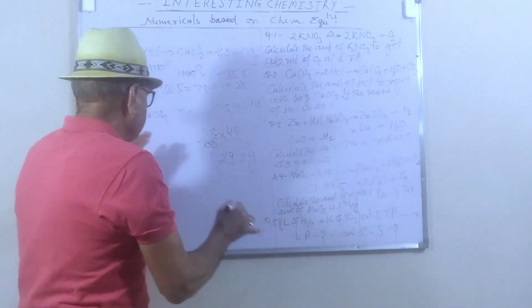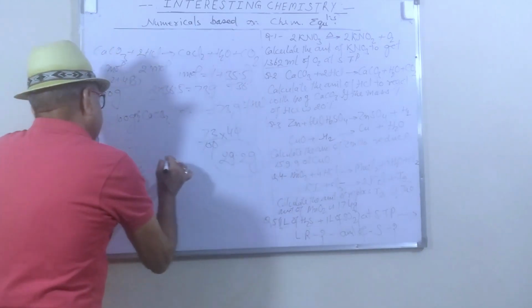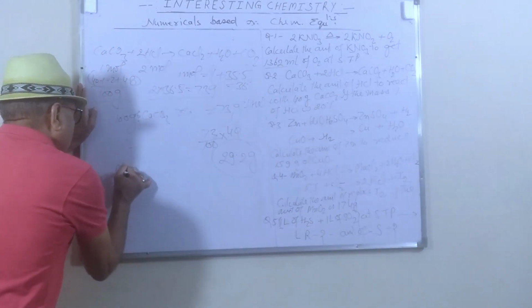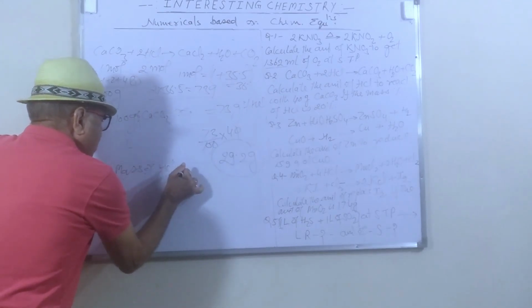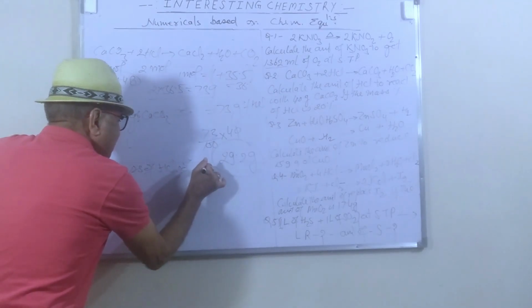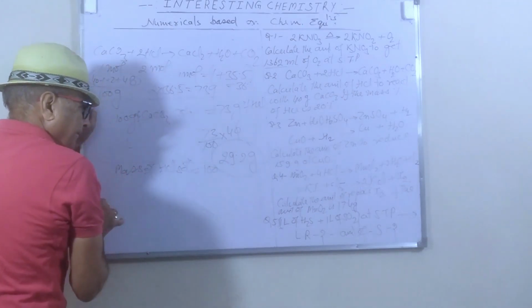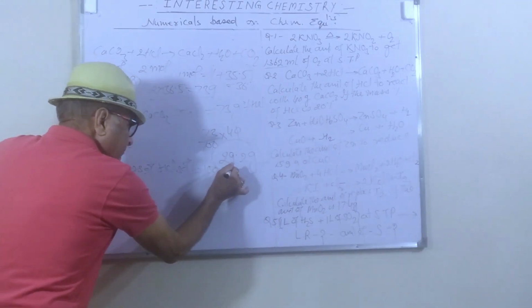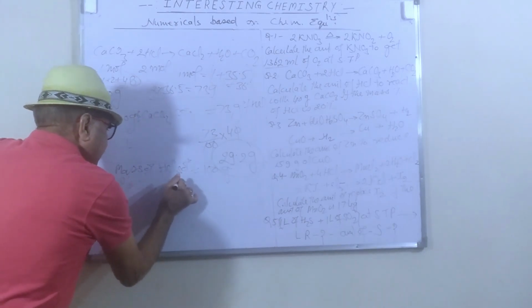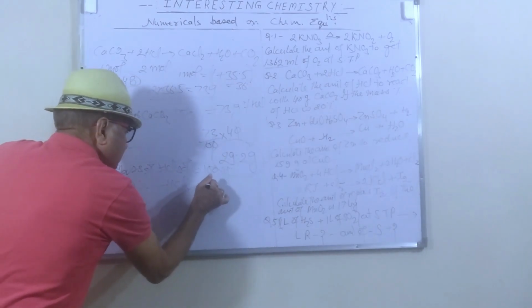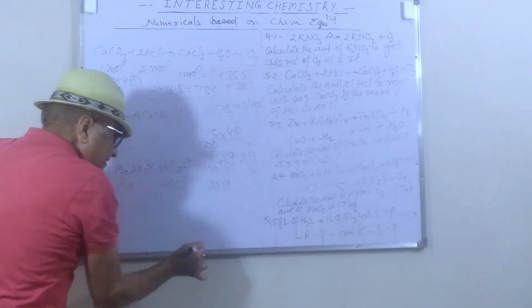So here again you will take like this: the mass of HCl solution is 100 gram and the mass of HCl in this solution is 20 gram. This is the fact.